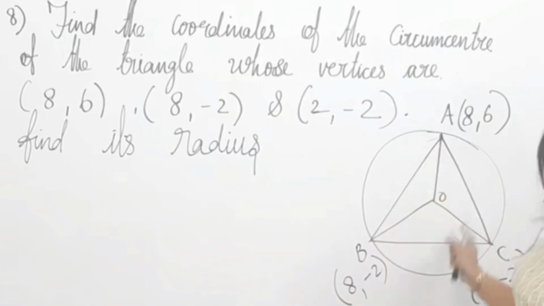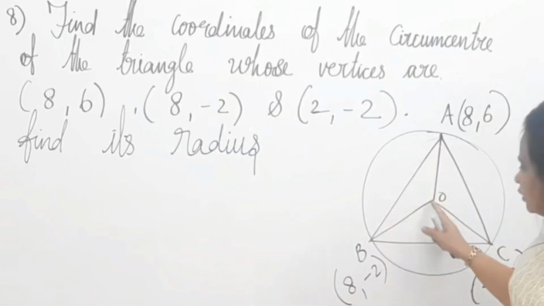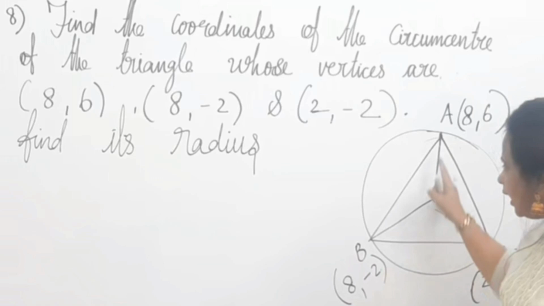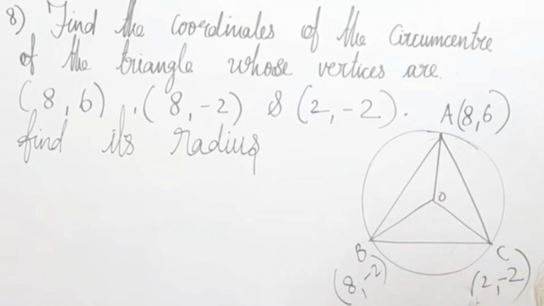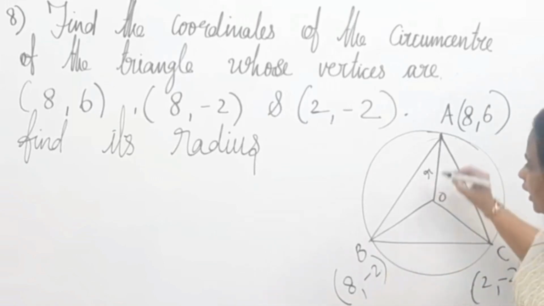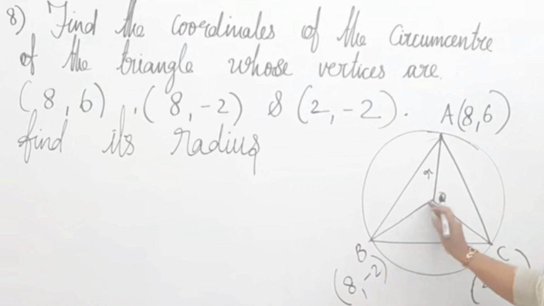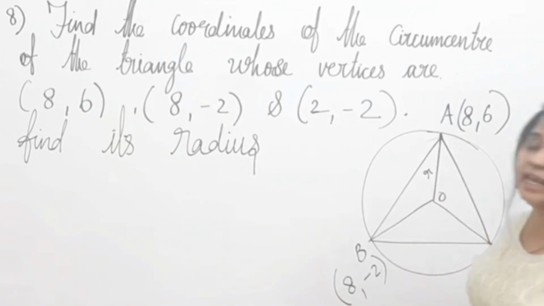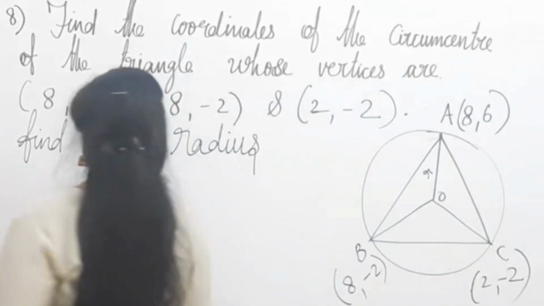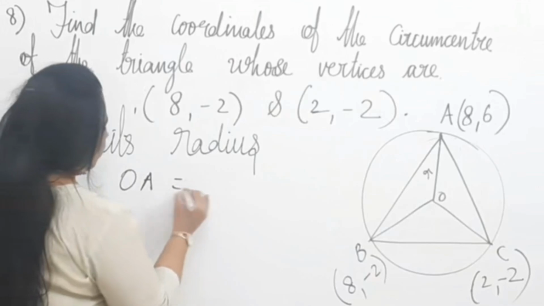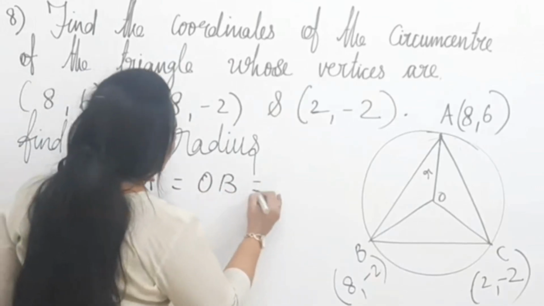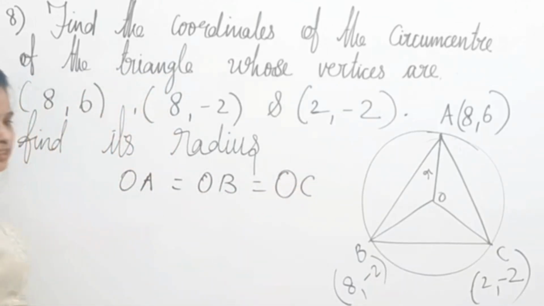That's what a circumcenter is. And you know this OA and OB, OC all are radii, so the distances will be equal. So I would write my first point as OA equal to OB equal to OC.